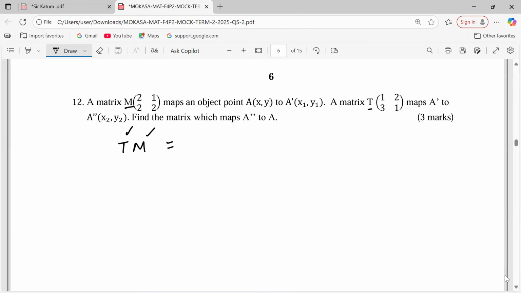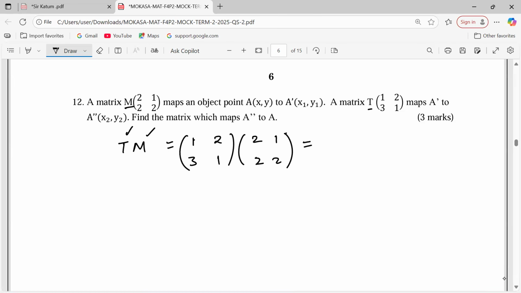So we start with the T, (1, 2, 3, 1). Then we have (2, 1, 2, 2). When listed in this order, the matrix written second was performed first. That is what you're supposed to know.